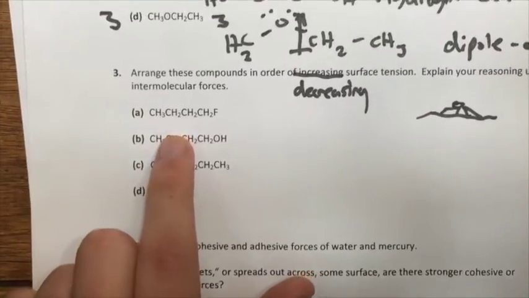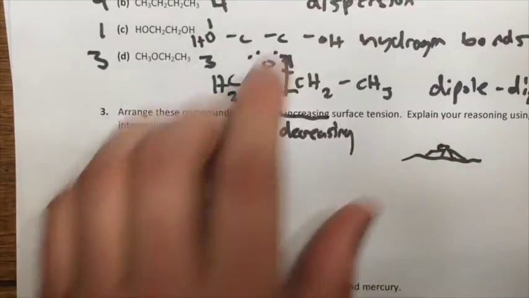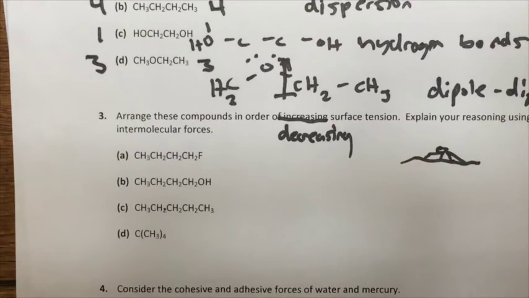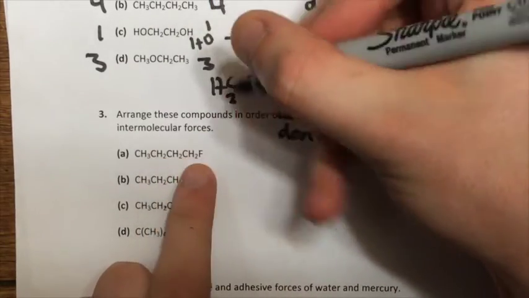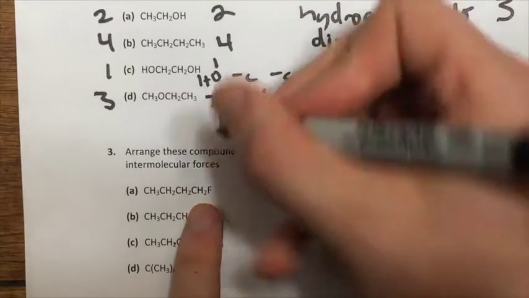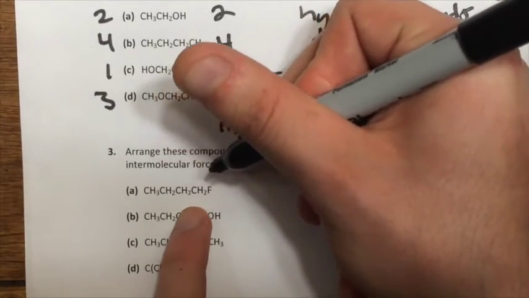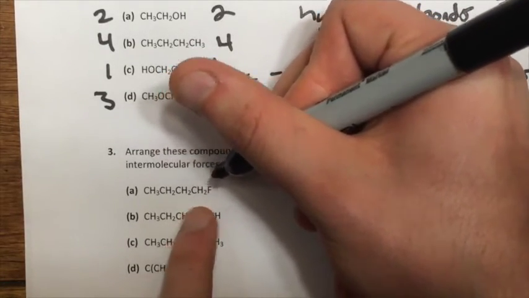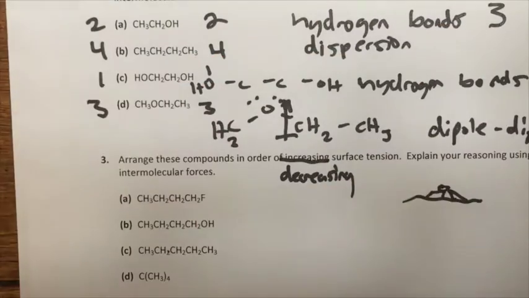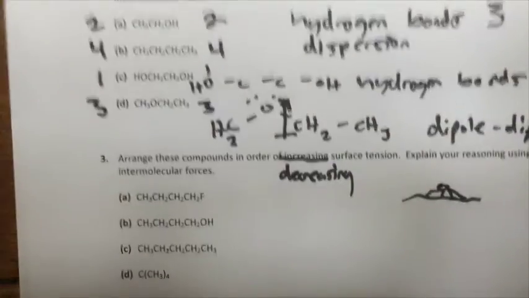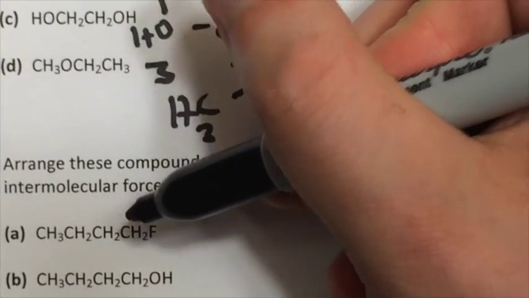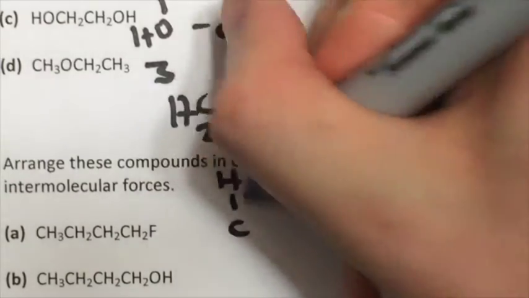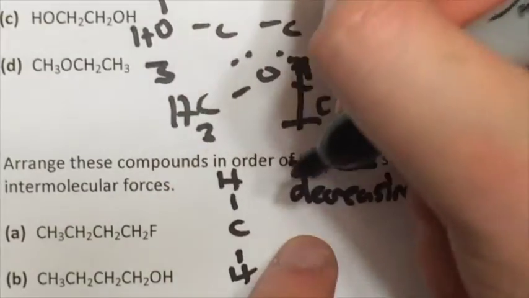Okay, so let's do the same thing where we arrange them by the intermolecular forces first. This molecule here has a fluorine. As I said before, it's important to realize that you see a CH2 here, and after the CH2, there's an F. When you're just looking at the chemical formula, it's tempting to think that this fluorine may be bound to a hydrogen, but a CH2 always means you have two hydrogens bound to carbons.